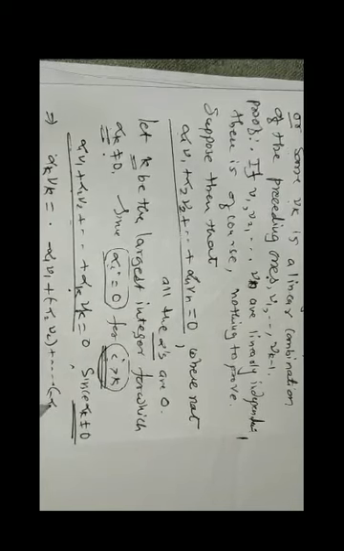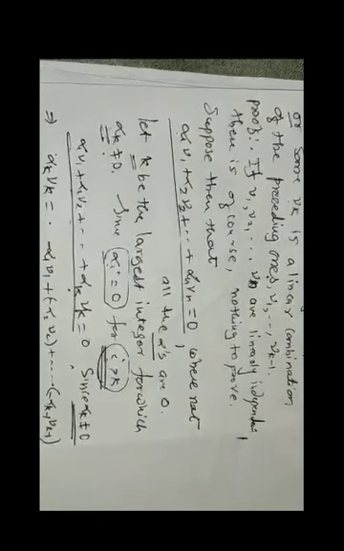So vk is equal to alpha k inverse into minus alpha 1 v1 minus alpha 2 v2 and minus alpha k minus 1 v k minus 1.